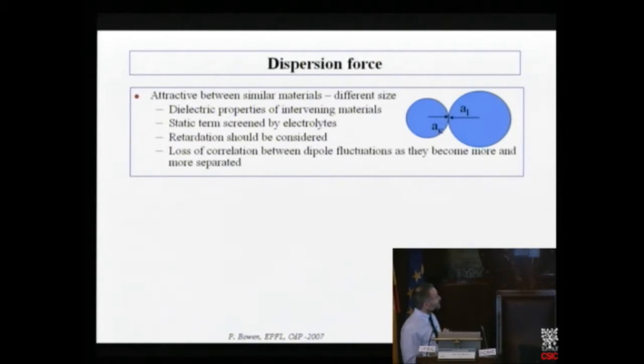If we're in suspension, the static term of these interactions can be screened if we have a high concentration of electrolyte. Like when we make cement, we disperse particles, there's dissolution, and we're working in a 0.4 molar solution. So electromagnetic transport in this medium is different than if we're in 10 to the minus 3 molar KNO3.